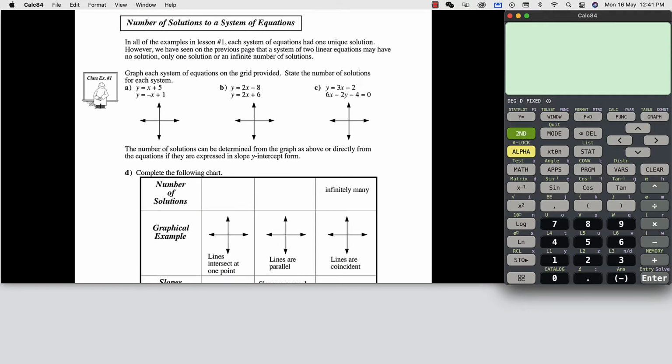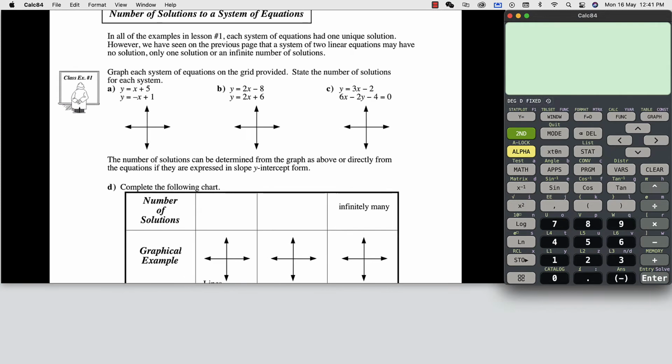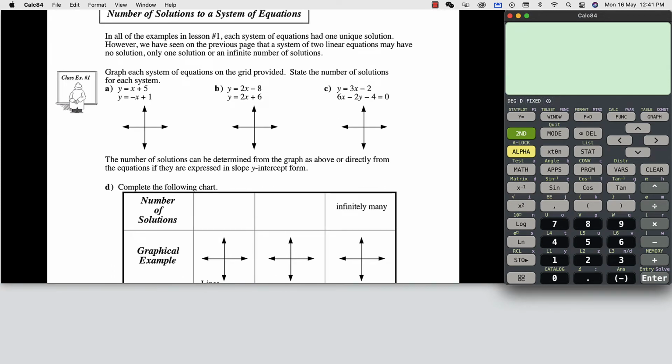Okay, so if we look at part A, it says that we have a straight line, y equals x plus 5, so slope of 1, y-intercept of 5, and it's a positive slope, so it's sort of going off like that in a 45-degree line.